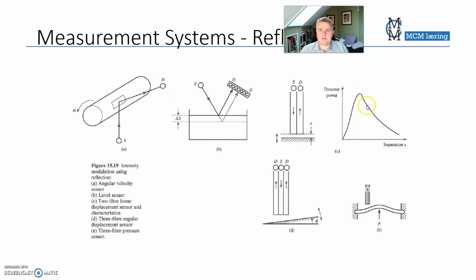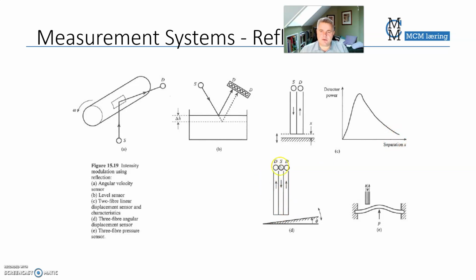Actually, you have a graph like this because if the sender and detector are too close to each other, very little light will transfer from the sender to the detector. And then you have a perfect distance between the source and the detector where much light goes through, and then if the separation becomes too high, again too much light escapes.